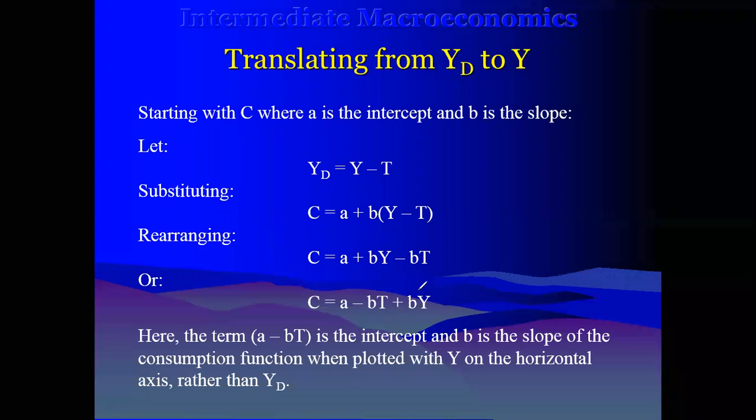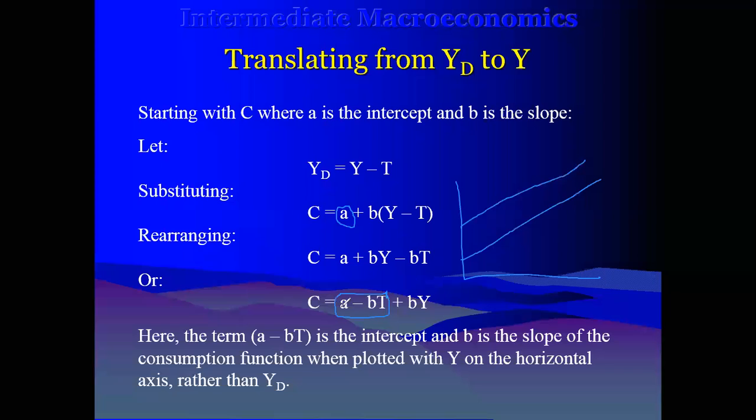This is rather supposed to be the new intercept. The initial one was this, and this is supposed to be the new intercept, which means that the new curve is rather supposed to be less than the previous one because of the negative sign. So if we are expressing the consumption function as a function of disposable income, then this is where the curve will be.